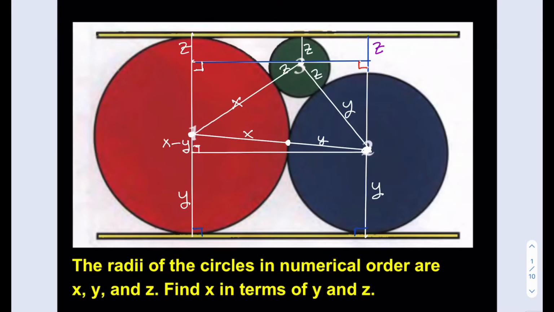Now, what else can we do here? All right, we got to determine this length as well. So what is this length going to be? And when I say that, I mean this length, right? I got to find that out. Well, that's going to be the x minus y, right? So this whole thing between the two parallel lines is going to be 2x, right?